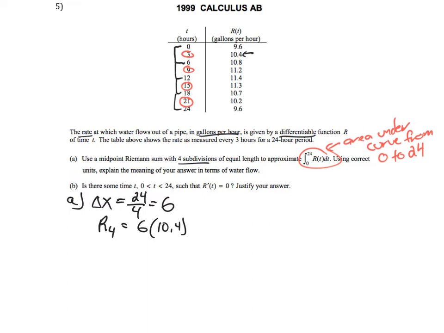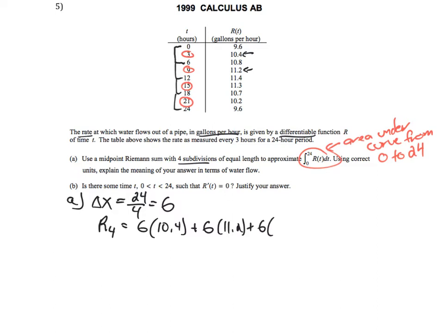That gives me the area of my first rectangle, plus width again is 6. Now I'm at one of my 2 middle rectangles. The midpoint of that rectangle from 6 to 12 is 9, and its height there is 11.2, plus 6 again.